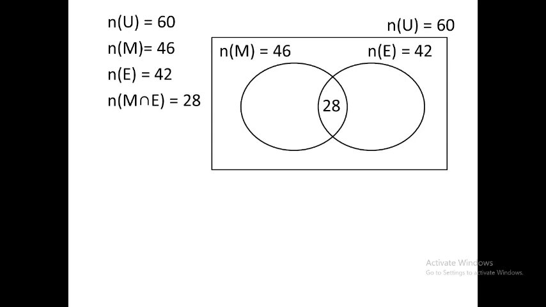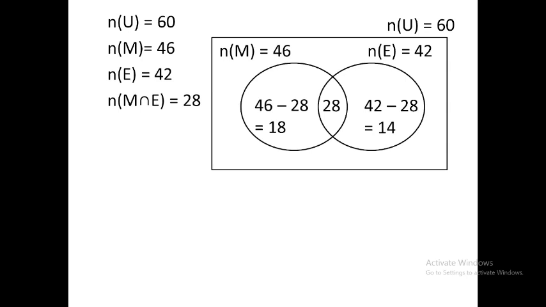Now let's find the mathematics only. What would that be? 46 minus 28. Good. And that will be what? 18. The next thing, 42 minus 28. And what would that be? 14.